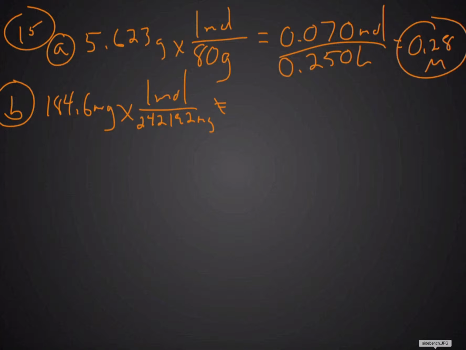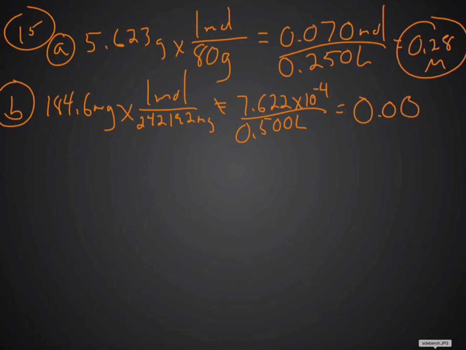So that equals 7.622 times 10 to the negative 4th moles, and that's put into half a liter of solution. So that means we're going to end up with 0.00152 molar.